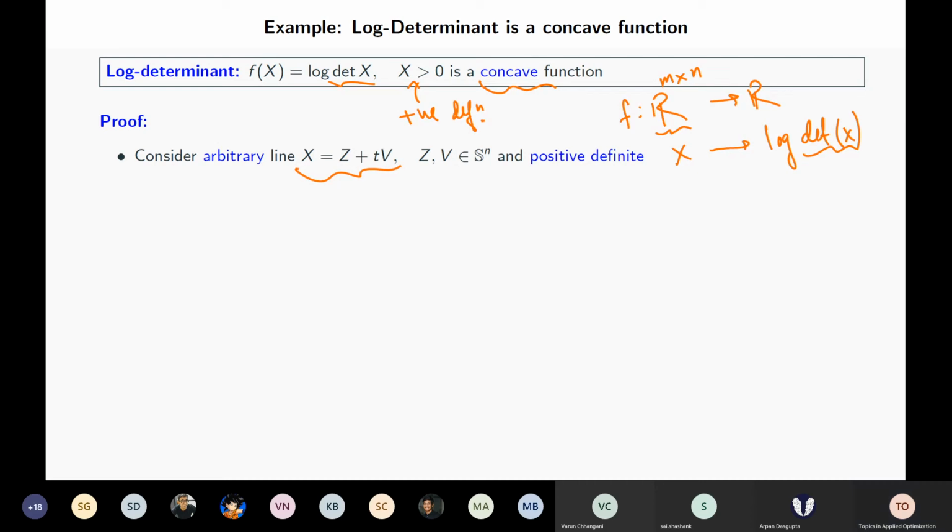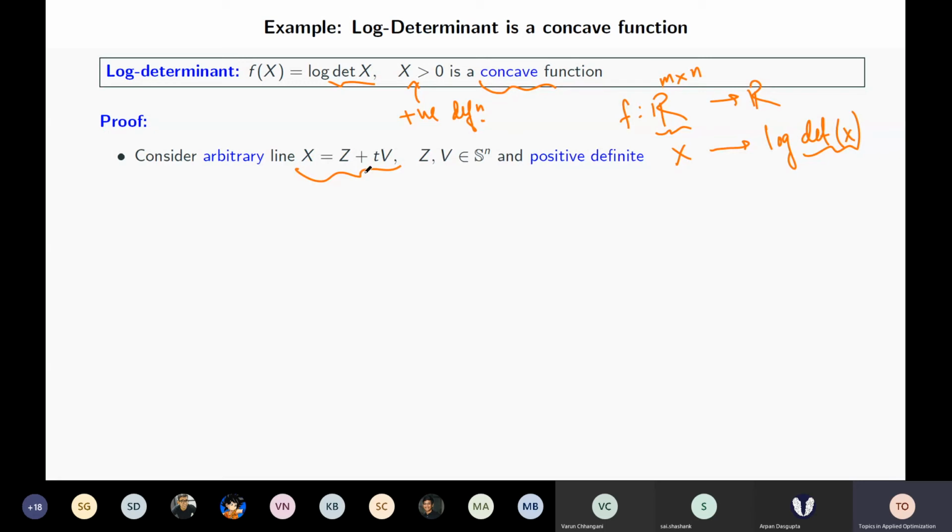So for safety we say it's positive definite, so that the determinant is some positive number, and we are always taking the log of positive values, which is well defined. That's why we take positive definite.